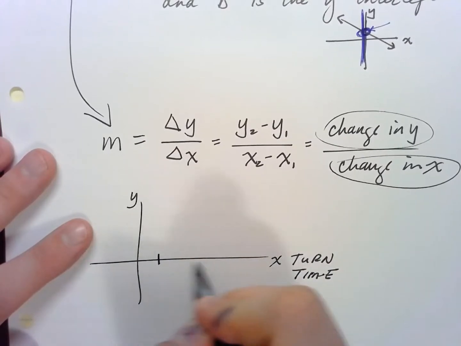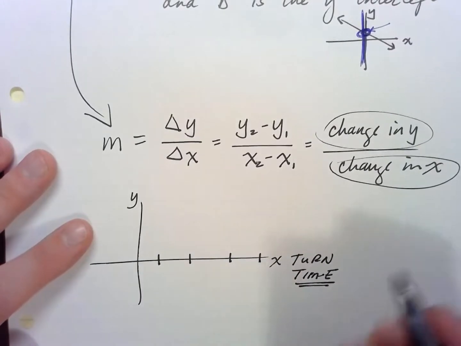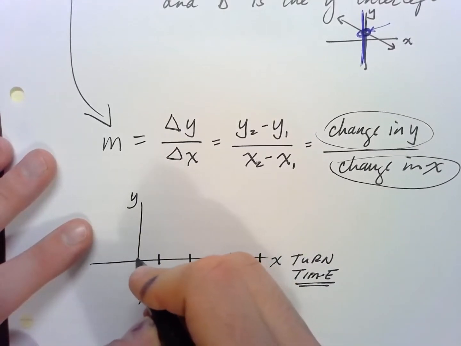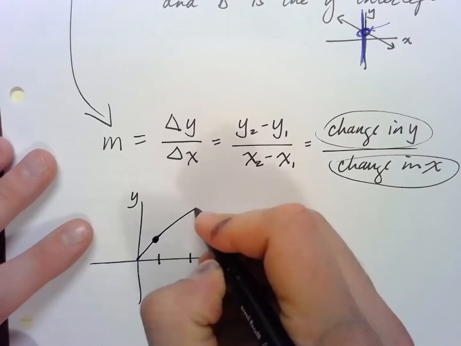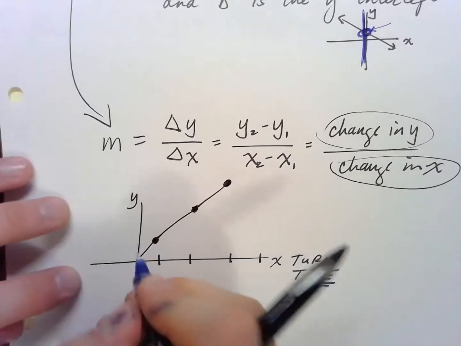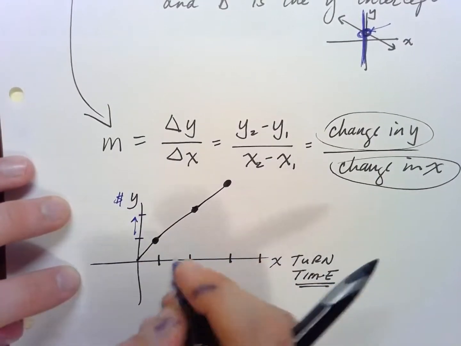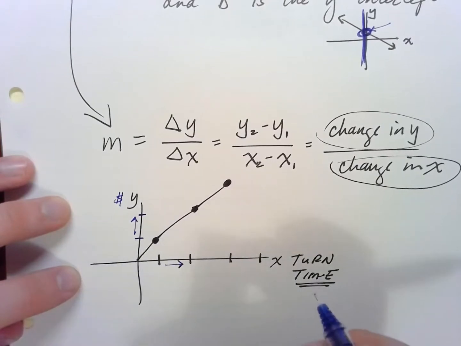And each turn that we take, the number was going up by a certain amount. So essentially what we're asking with the slope is how many dollars are we going up every time we go out this way one turn.